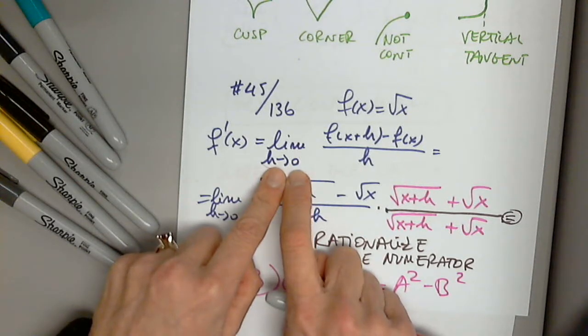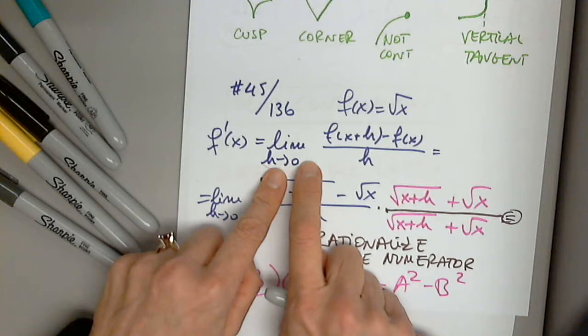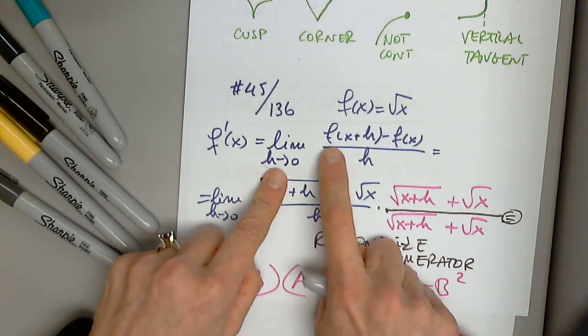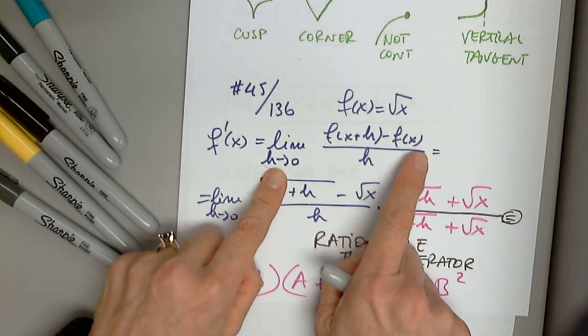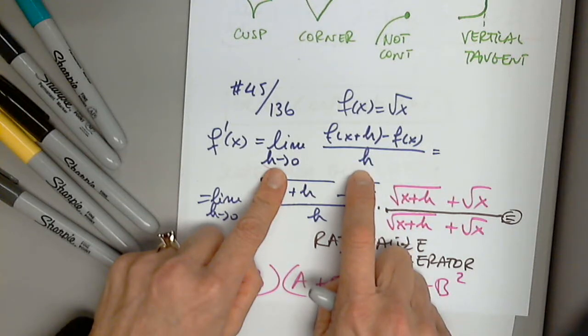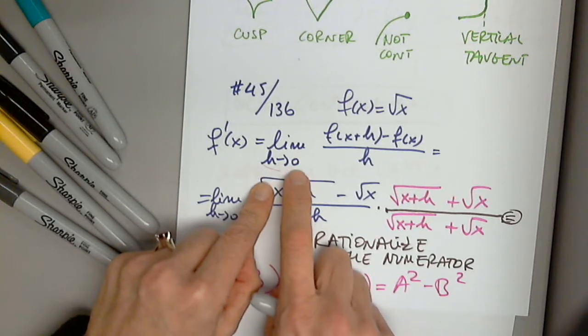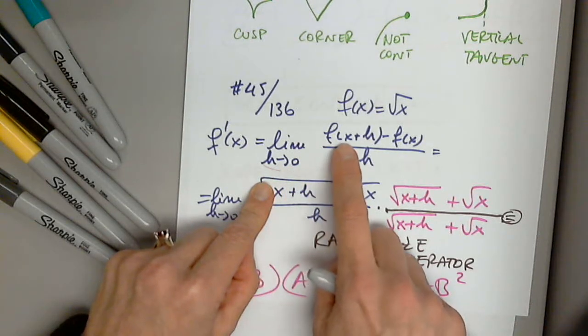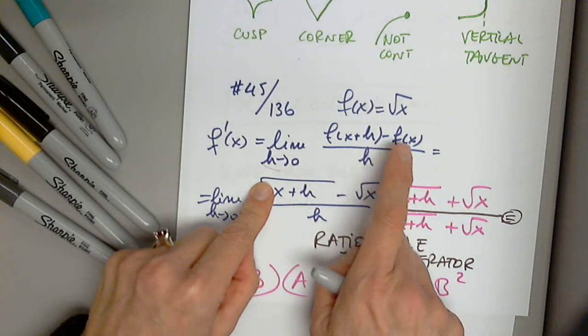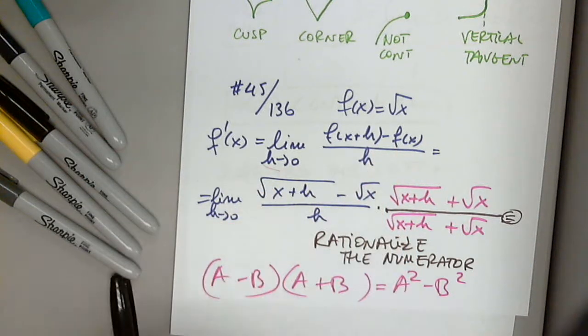Limit as h approaches 0 from the left of f of 1 plus h minus f of 1 over h. How will I determine the limit from the right? H approaches 0 from the right of f of 1 plus h minus f of 1 over h. Another way would be to find f prime for both functions, f prime of x, and then plug in 1 and see if they are both the same. It's another way. So let's go with this one.